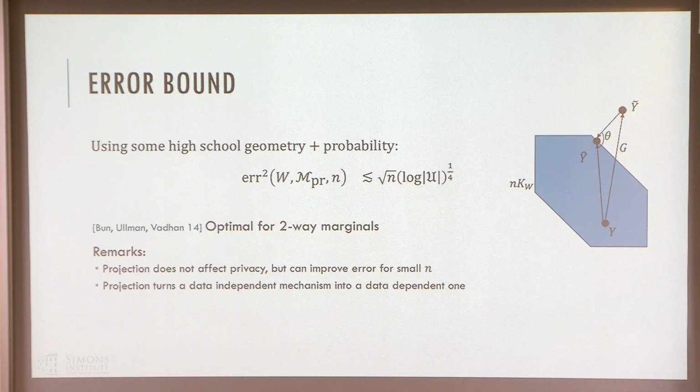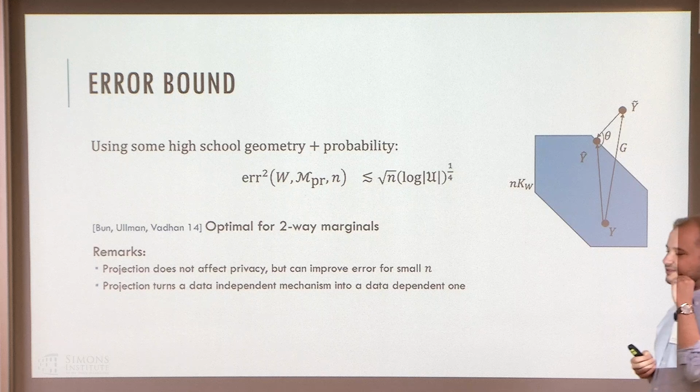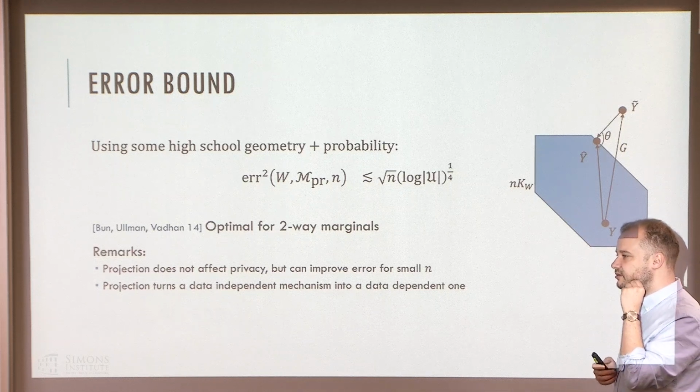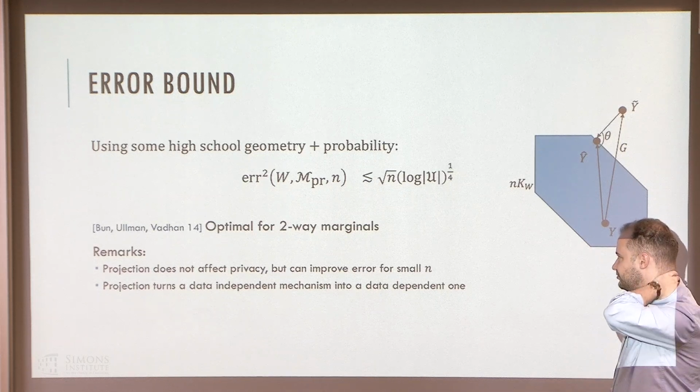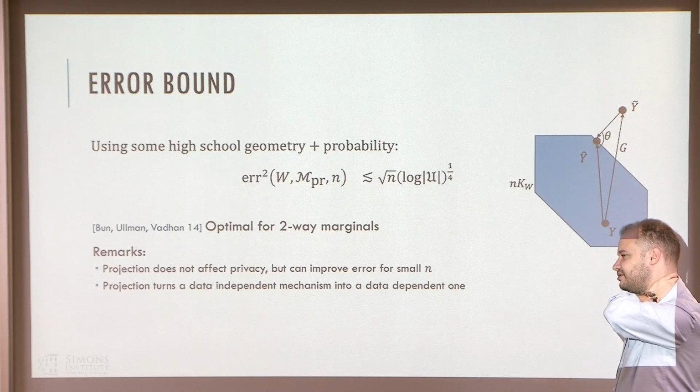So, for particular queries, these data-dependent things could be better even for larger n. I mean, what am I actually saying? Let me think about it. So when n is less than square root of the number of queries divided by log this thing, the projection is better.